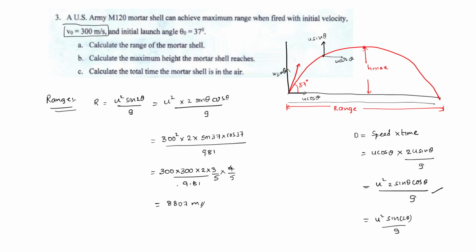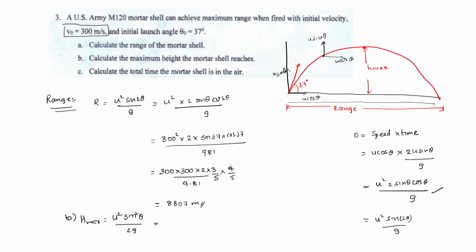In the same way, we can calculate the maximum height, h max, which is given by u squared sin squared theta by 2g. I'll share the proof of how to extract this formula, or you can directly remember the formula.